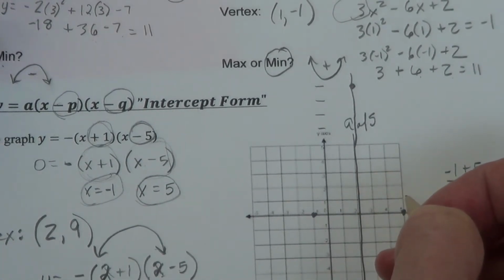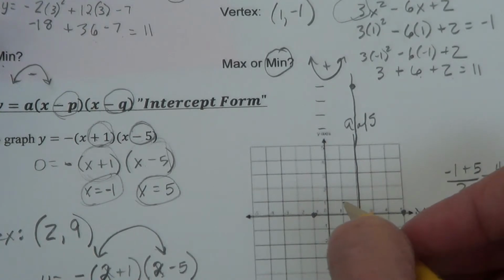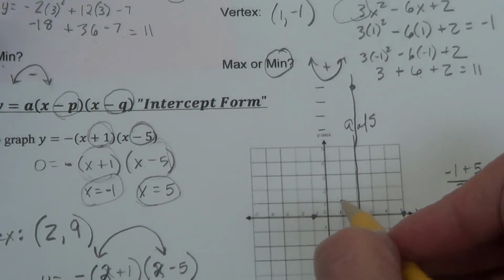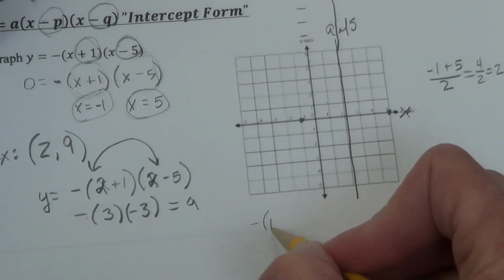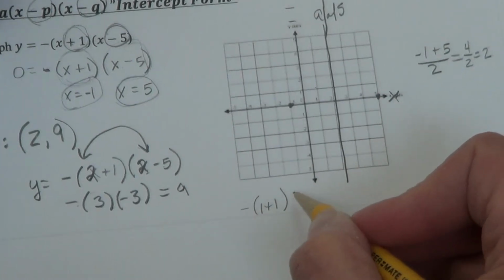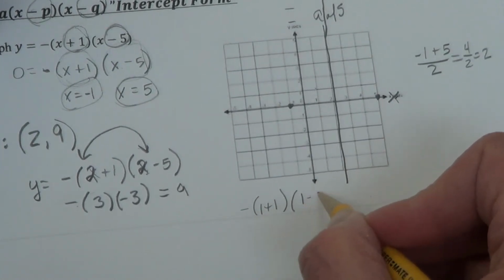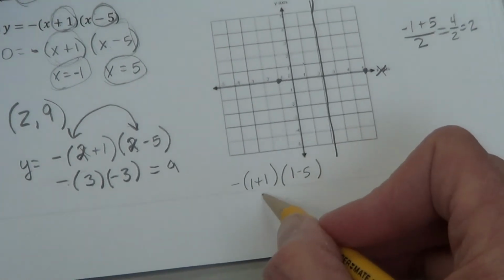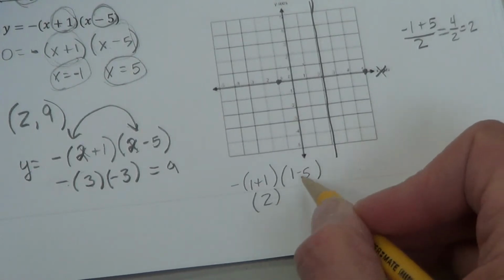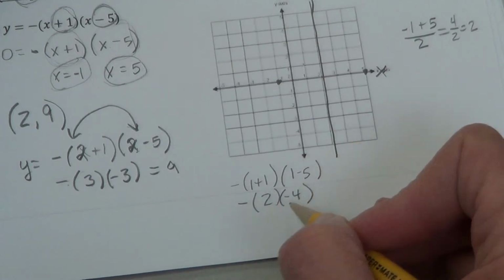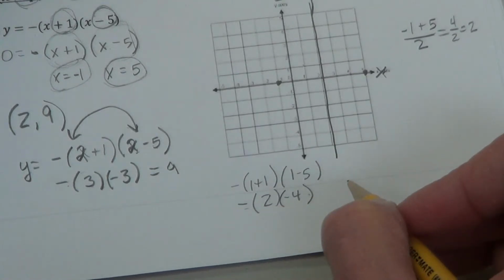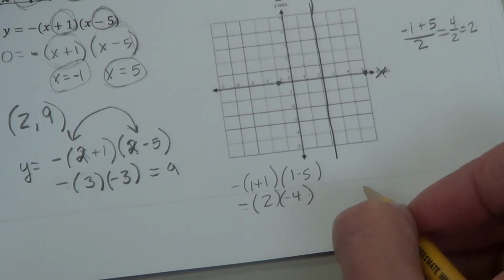Well, now we should look for another point, maybe at 1. 1 wouldn't be hard to do. So we can plug 1 into our equation. Negative 1 plus 1, 1 minus 5. 1 plus 1 is 2. 1 minus 5 is -4. And then bring down that negative. -2 times -4 is +8.